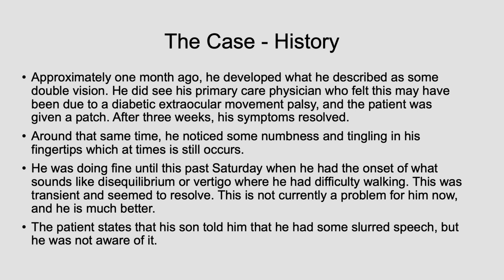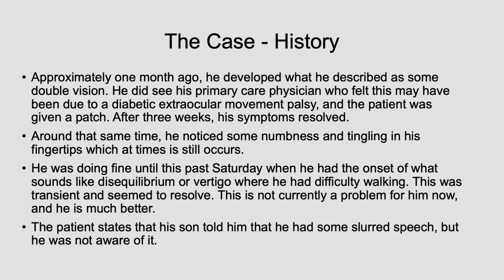So let's look at more of the case. Approximately one month ago, the patient developed what he described as some double vision. He did see his primary care physician, who felt this may have been due to a diabetic extraocular movement palsy, and the patient was given a patch. After 3 weeks, his symptoms resolved. Around the same time, he noticed some numbness and tingling in his fingertips, which at times still occurs.